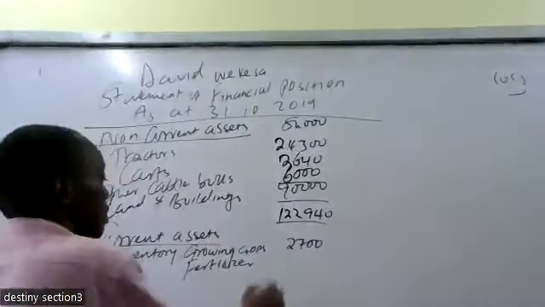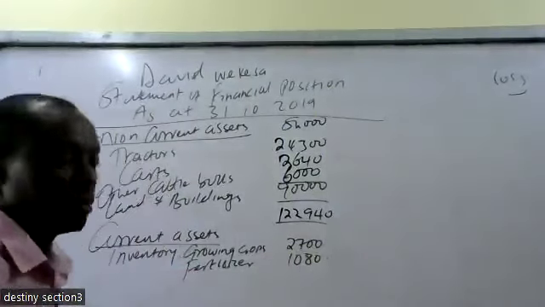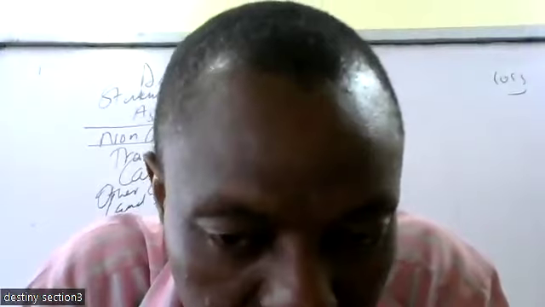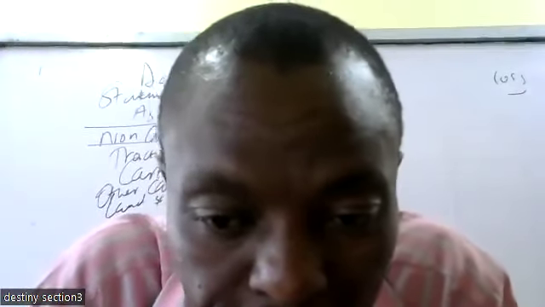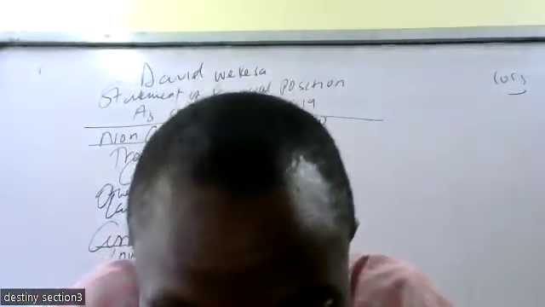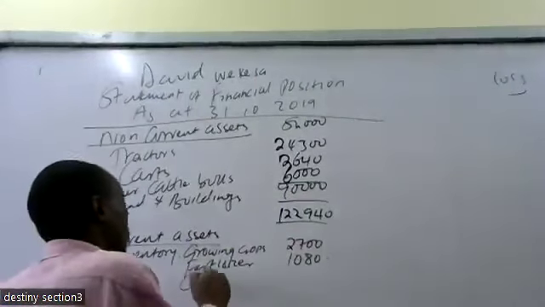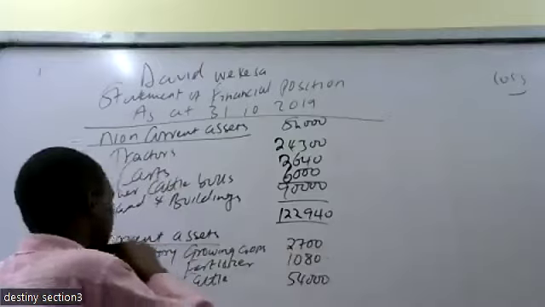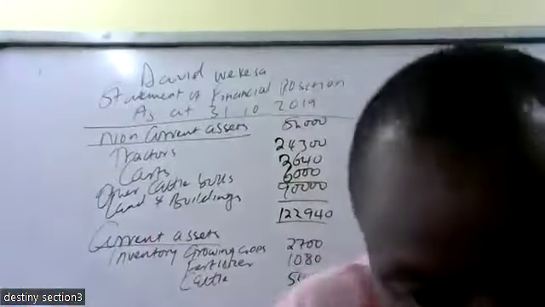$10.80. What else? Is it dry maize or something? Maize or whatever. Just kindly type it for me. Cattle, 54,000. Are we done?